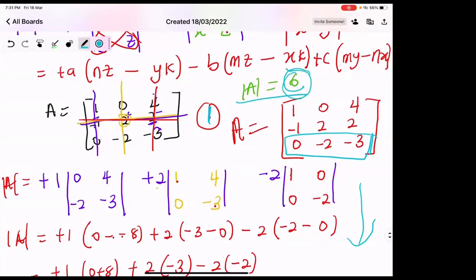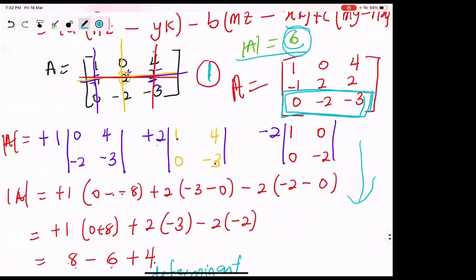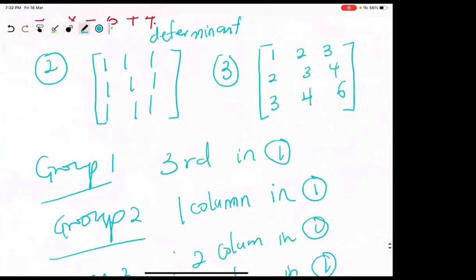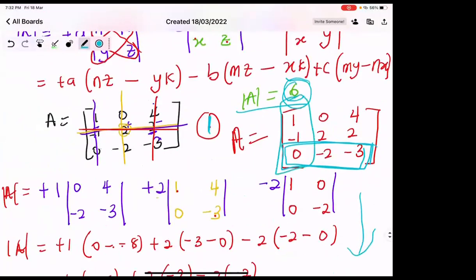We have used the second row, we got 6. So group 1 should use the third row to find the determinant. Then group 2 will use the first column. Group 3 will use the second column, and group 4 will use the third column.